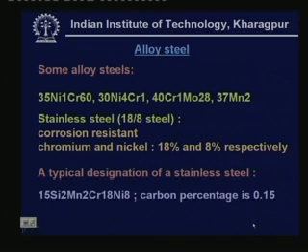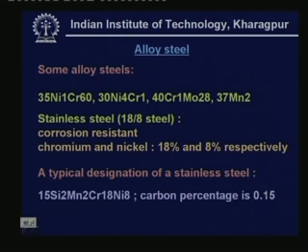Now, some examples of alloy steel are given here. One of them is 35Ni1Cr60, a typical designation.